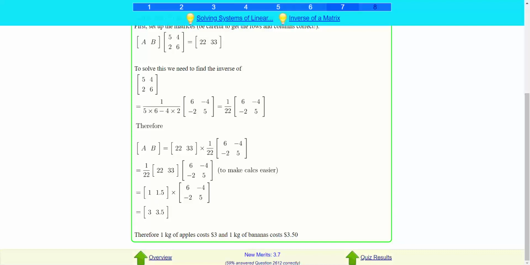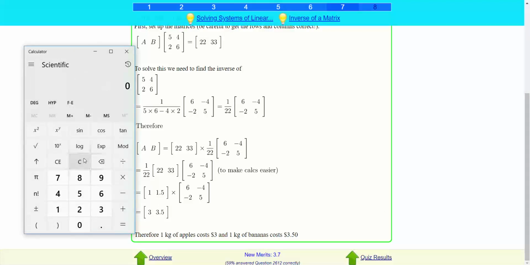Let's try to do 6 divided by 22 is 0.27, right? 0.27 multiplied by 22 is actually a 6. I'm not sure we got larger numbers there. So that's a 6. 6 minus 1.8 multiplied by 33 is 50.